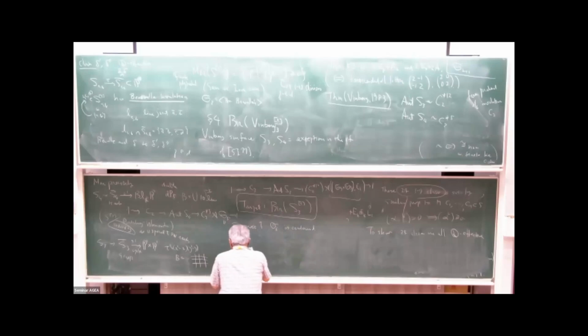And the reason is this. So S3 bar, I denoted it the triple cover of P1 cross P1, but this is the intersection of a quadric and a cubic in P4. So this is a cone over P1 cross P1. And this is this equation.